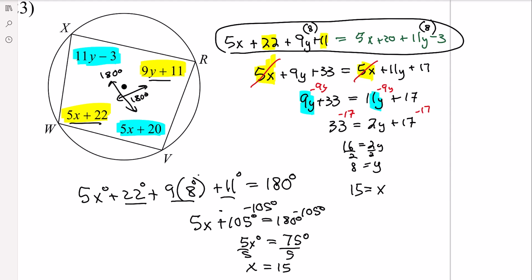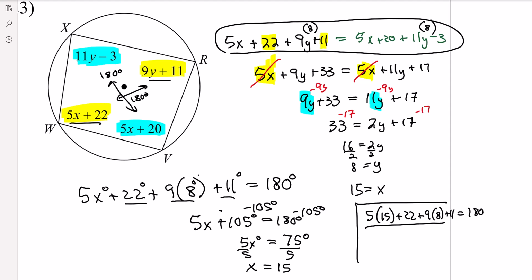And then you could just double check. So here's the check. So 5 times 15, this just in your calculator, 22 plus 9 times 8 plus 11, hit enter, and you should see 180.